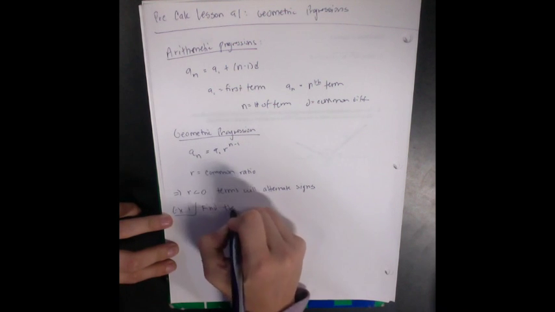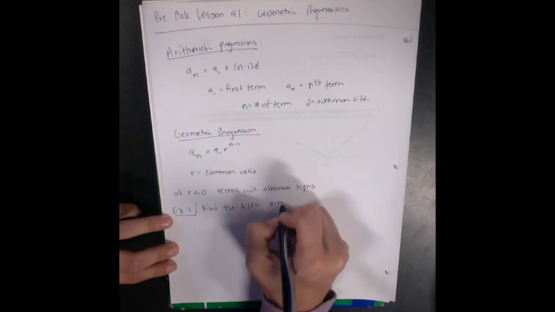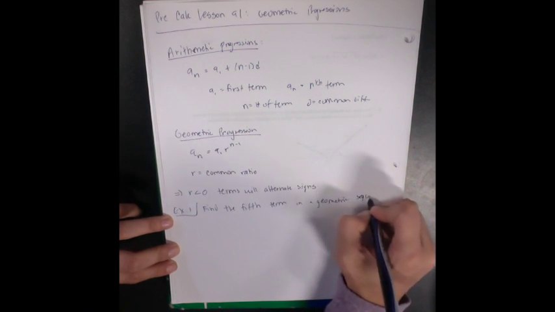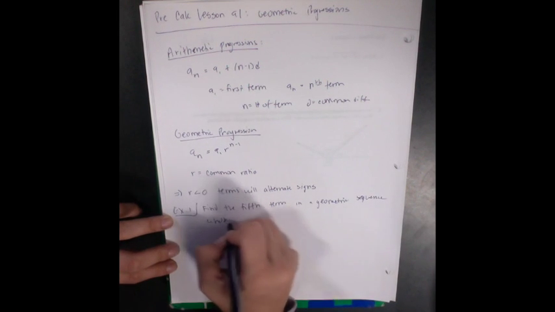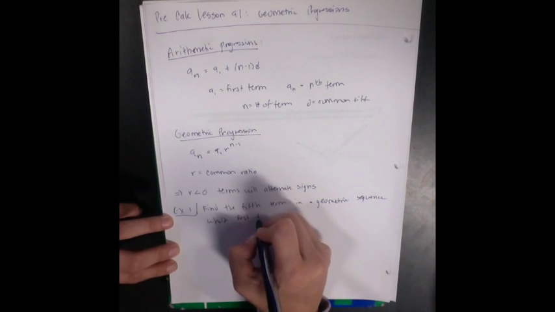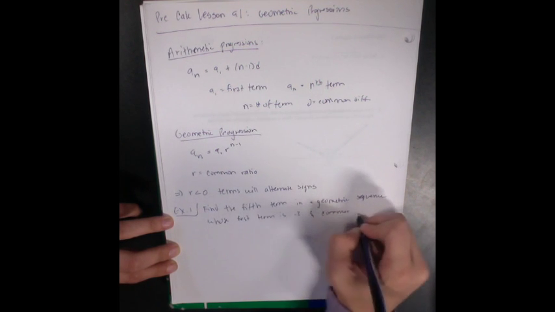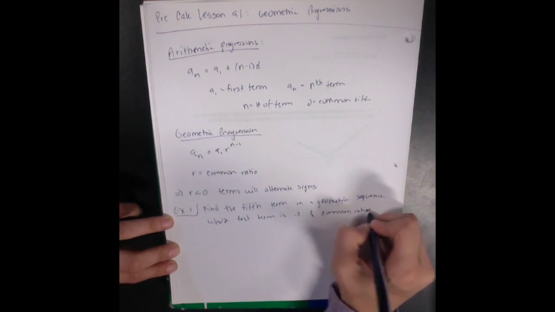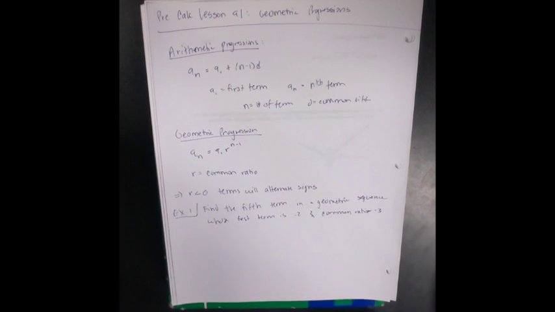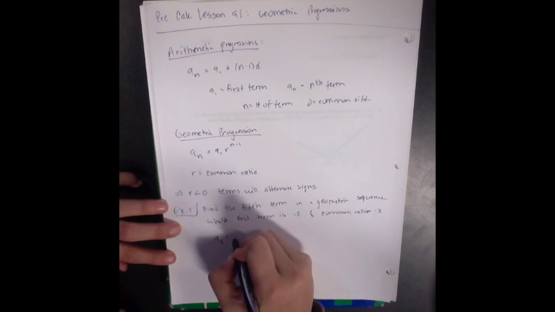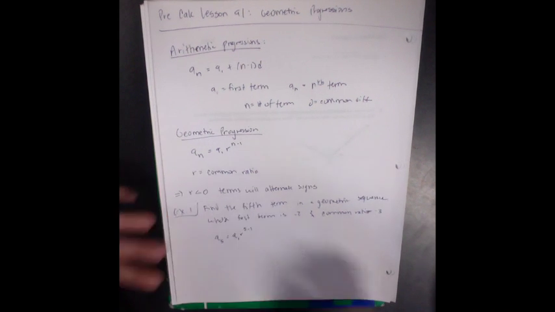We want to find the fifth term in a geometric sequence whose first term is negative 2 and whose common ratio is negative 3. So a sub 5 is a sub 1 r to the 5 minus 1.